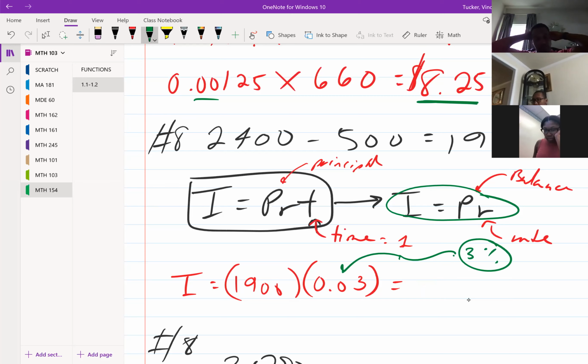Move your decimal to the left 2 spots. And once again, that 3% was a monthly rate, so that's why we didn't have to divide it by 12. Then you multiply those two, and it'll be $57.